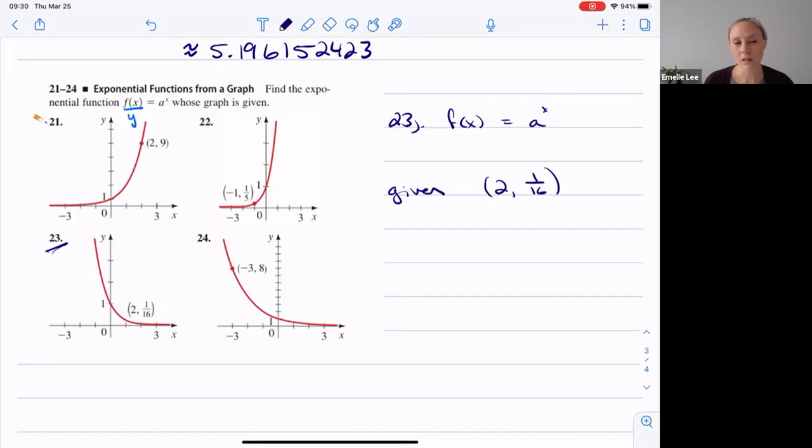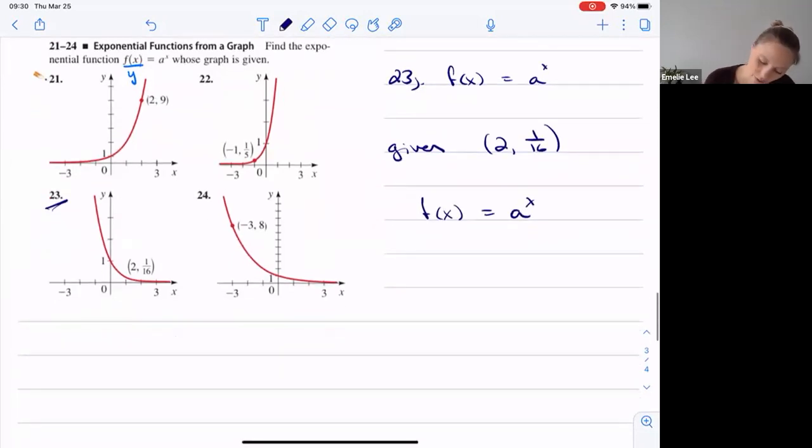So the output is 1 over 16 when x is 2, and so what we have is 1 over 16 is a to the power of 2.